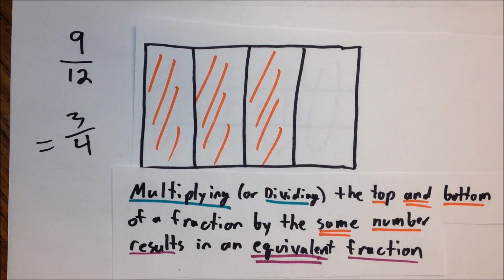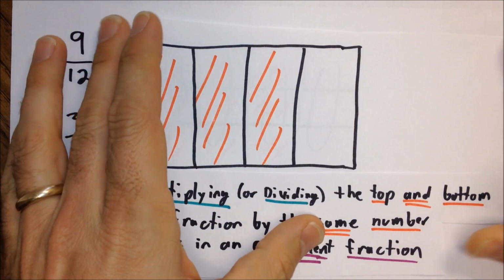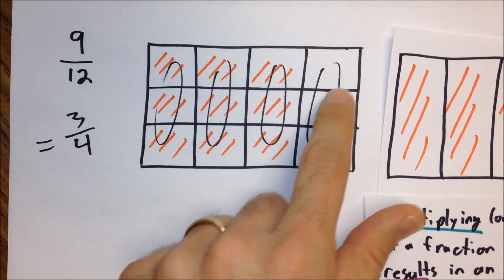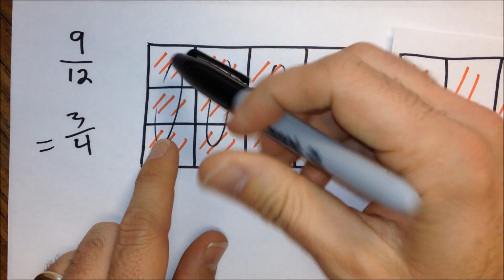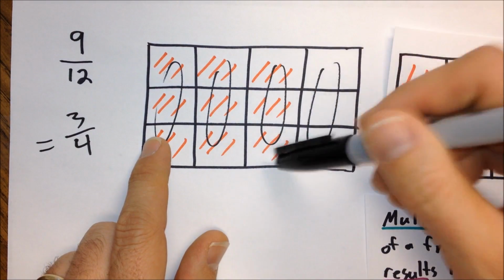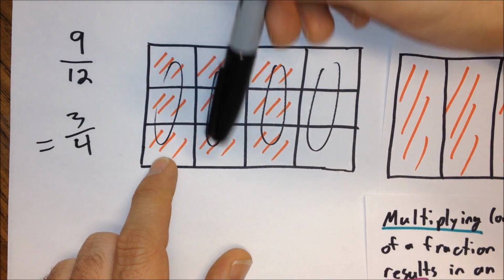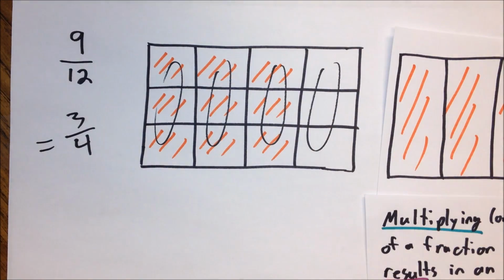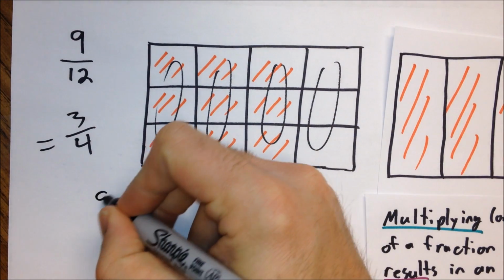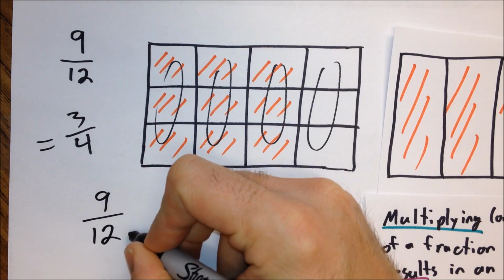I'll try not to go through too much of an argument for why this should be true, but hopefully through these 2 examples it's somewhat convincing. In this example, when we divided, we took our 12 and we put them into groups of 3, and so that means we've divided our 12 by 3 to get 4. So if I look at this situation, I would notice we had 9 divided by 12.